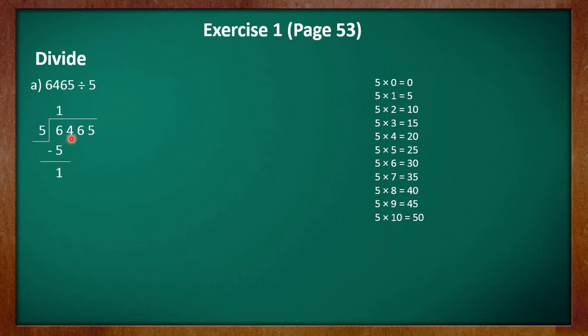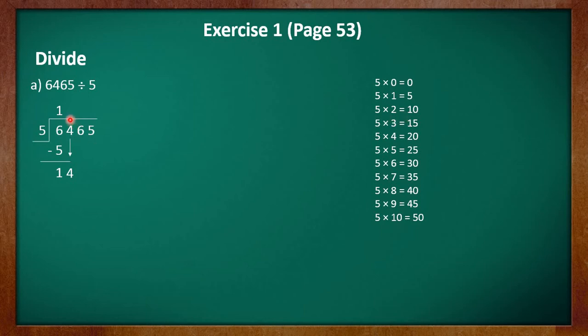Now we have 4 as our next digit. So we will bring this 4 down and this number will become 14. Now we know that the closest number smaller than 14 in the table of 5 is 5 twos are 10, right?